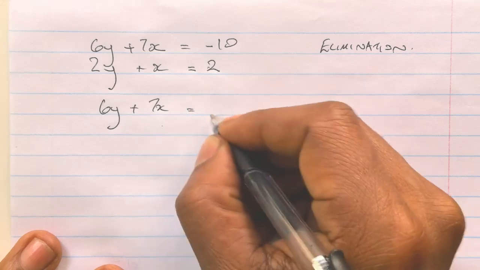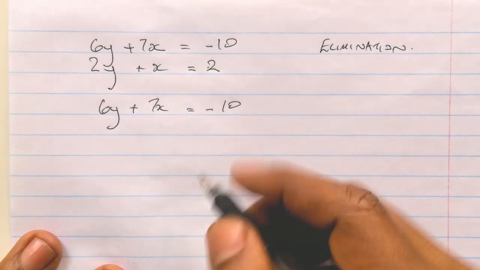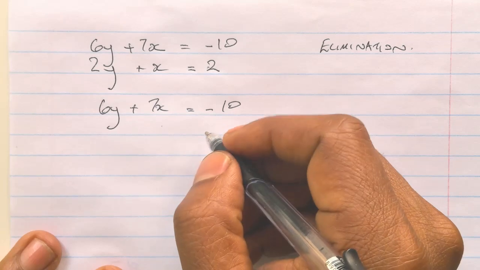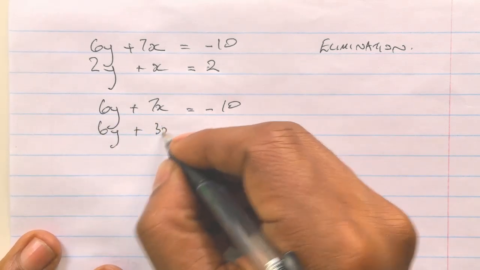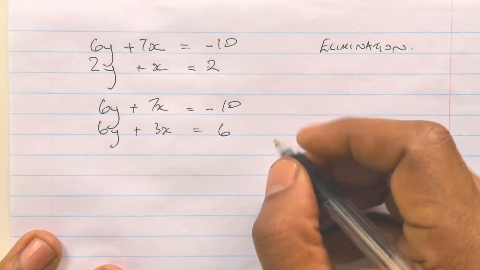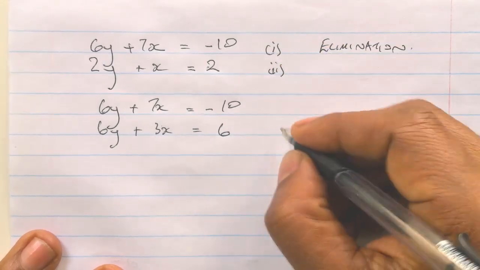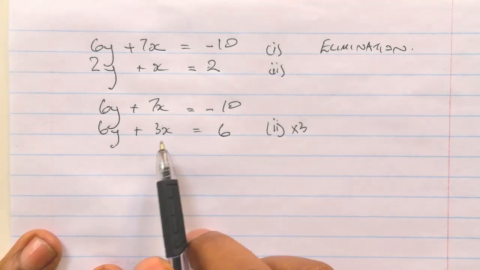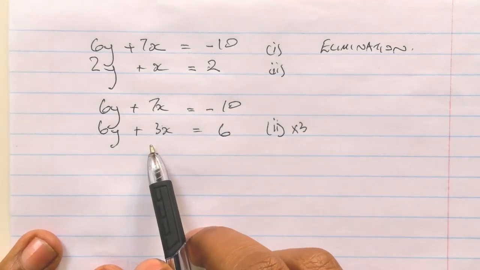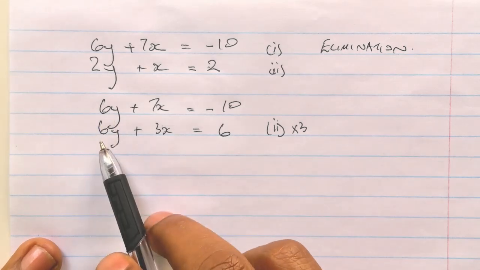I don't change the other one because it is already a 6. So what do I do now? I say this one becomes 6y plus 3x is equals to 6. What did I do? I had two equations. I took the second one and I multiplied it by 3 so that I can be able to do the process.